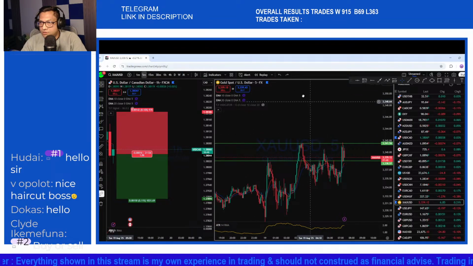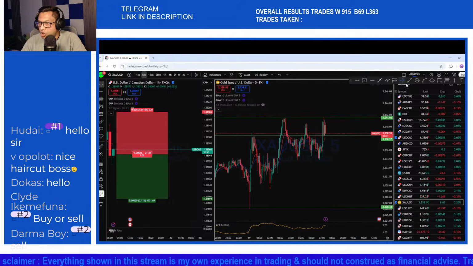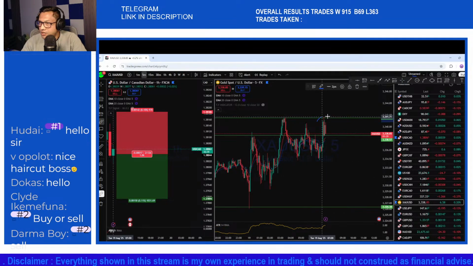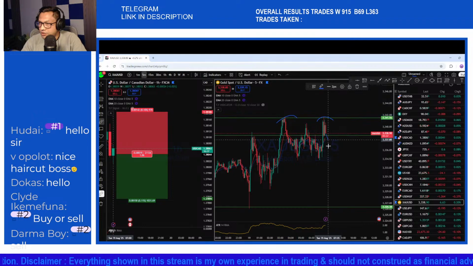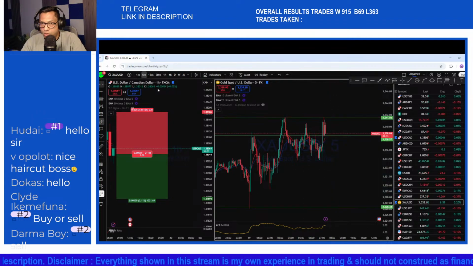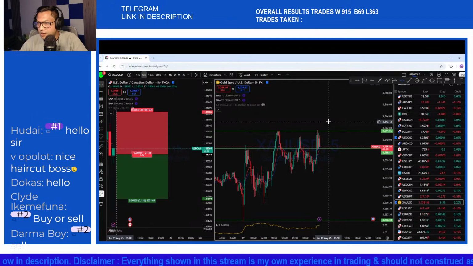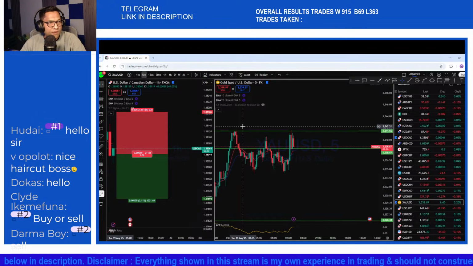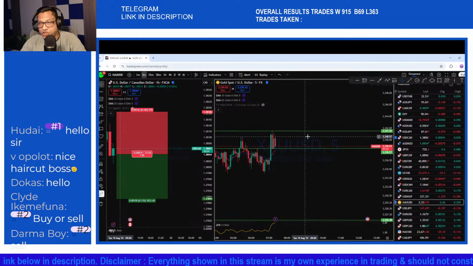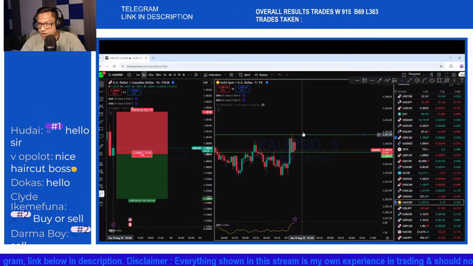That's where you can see this is an important level of support from this double top formation here, expecting that gold to trend down to this level to create a new lower low in this market. So that being said, on the lower time frame, expecting the market to potentially start a new downtrending market structure here.